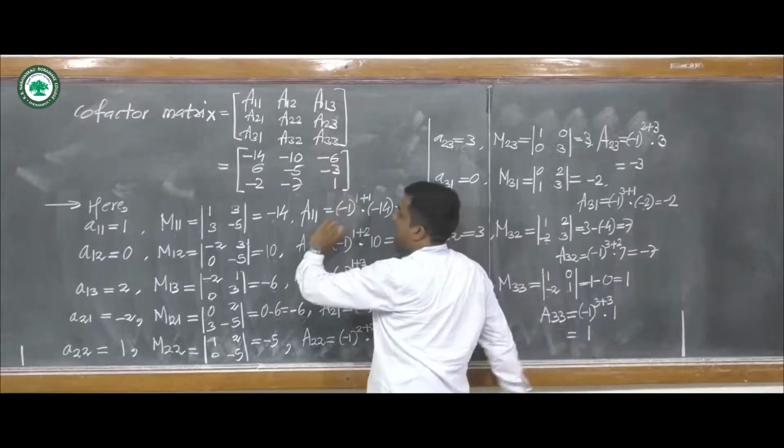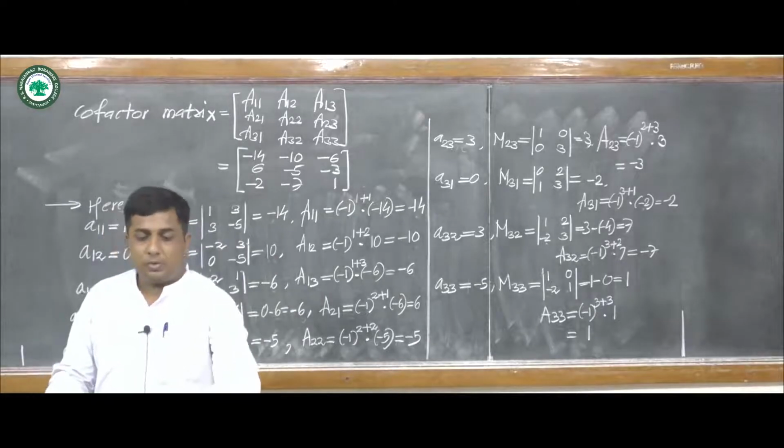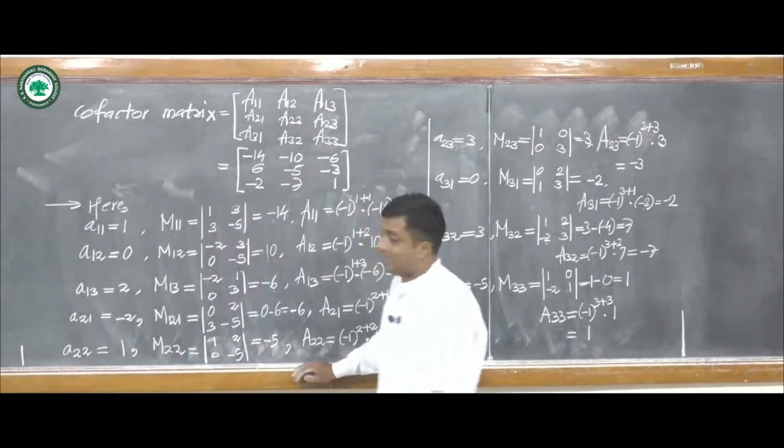So this is the cofactor matrix. We consider two examples to define the cofactor matrix.